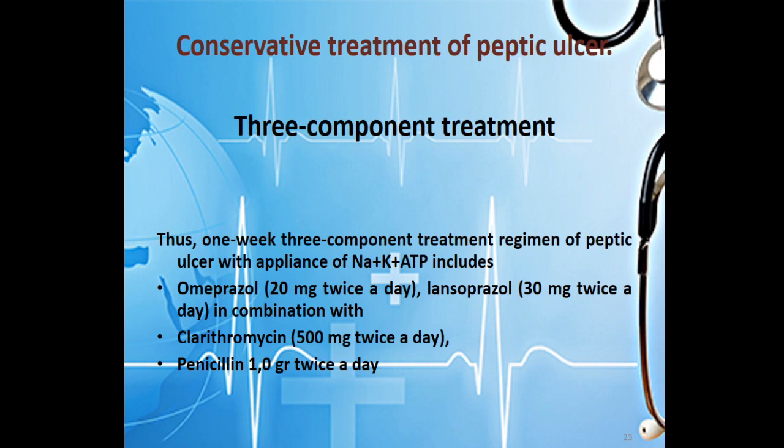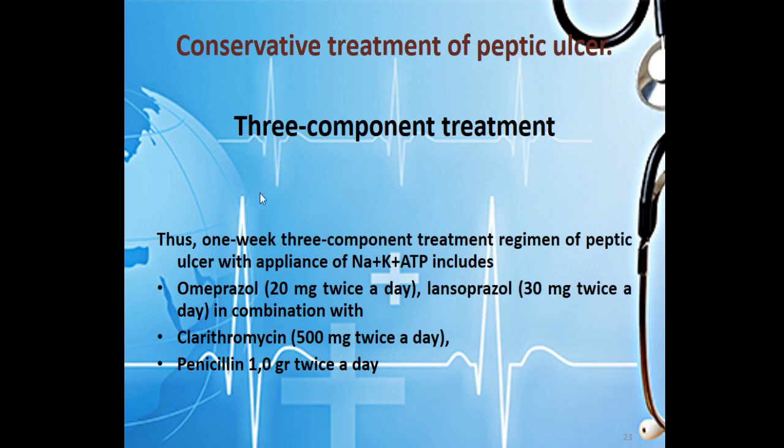So, classic therapy is triple therapy. It consists of three drugs. First is PPI, proton pump inhibitors. You know many of these: omeprazole, rabeprazole, pantoprazole, lansoprazole, esomeprazole, and many others.